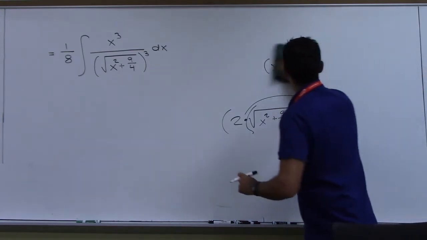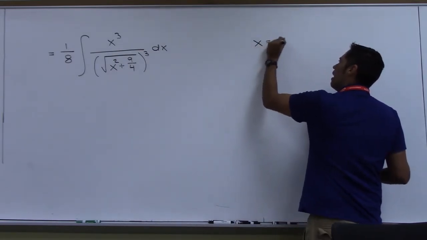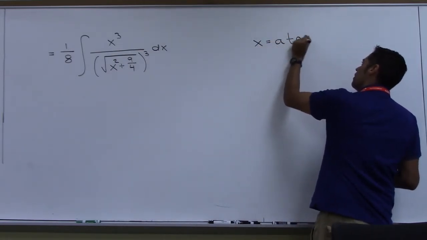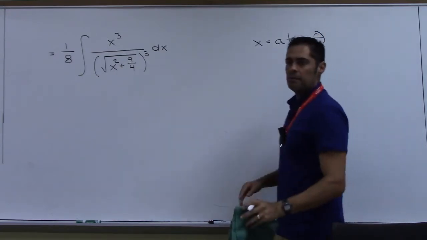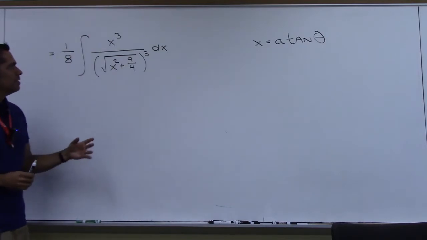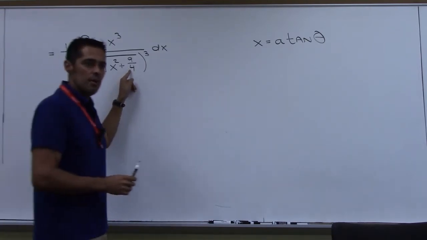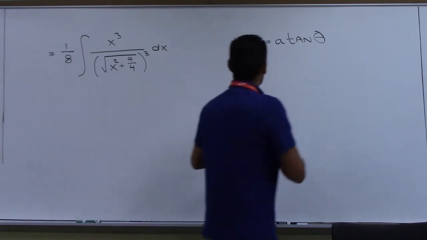So what is the substitution that I'm going to make? x equals a tan theta. Now, we do have an a here. It's not the letter a, it's an actual number. x is our variable, so this is a squared, isn't it? If this is a squared, then what's a? 3/2, the square root of that.